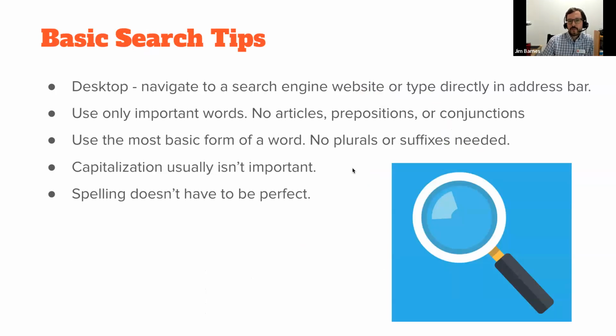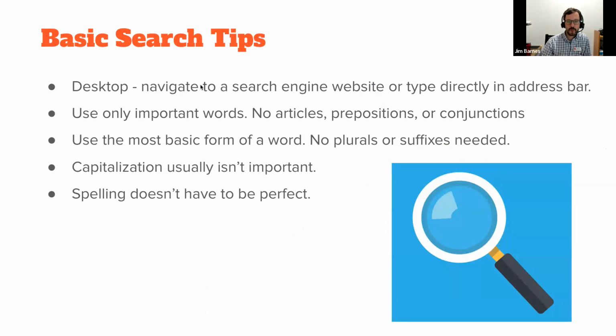So now we can get into some search tips. Like I said, there's different ways to search. You're not always just sitting at a desktop computer or on a laptop, but if you were searching in a browser, you would just navigate to the search engine website, like go to google.com or bing.com and type, or you can just type directly into the address bar at the top of your browser.